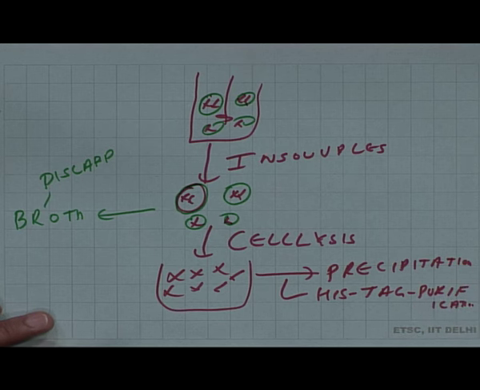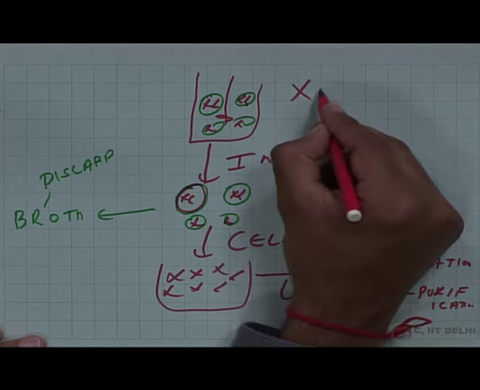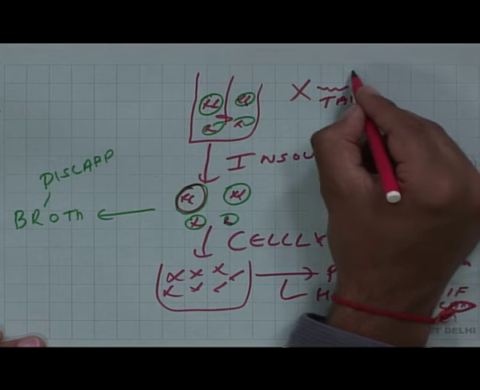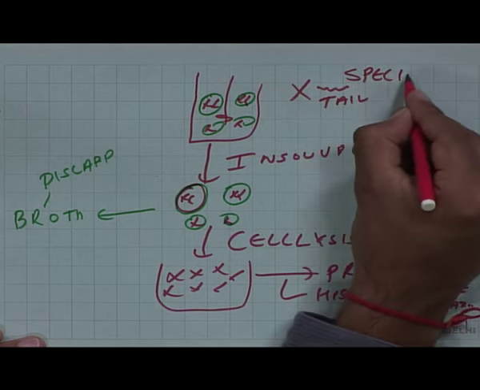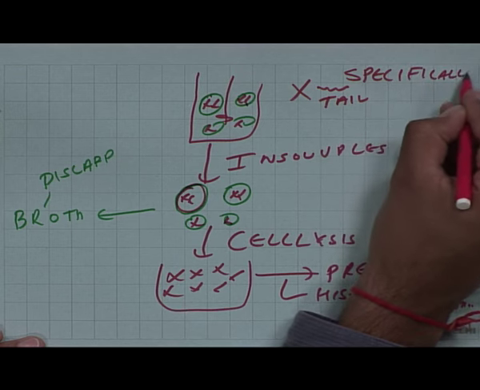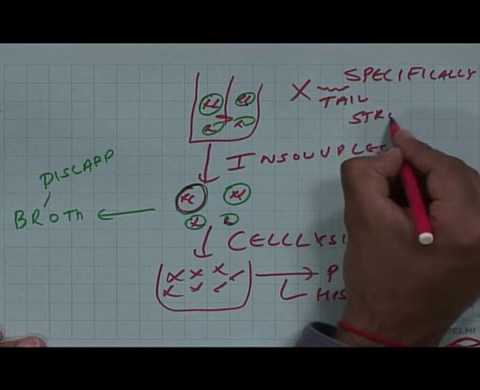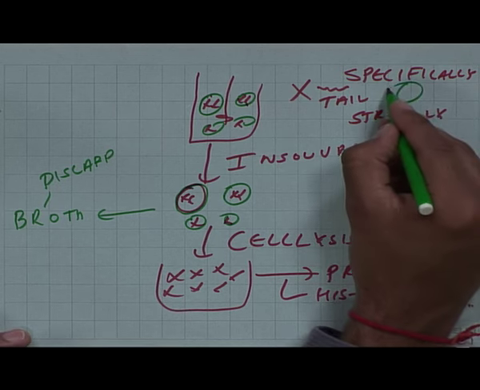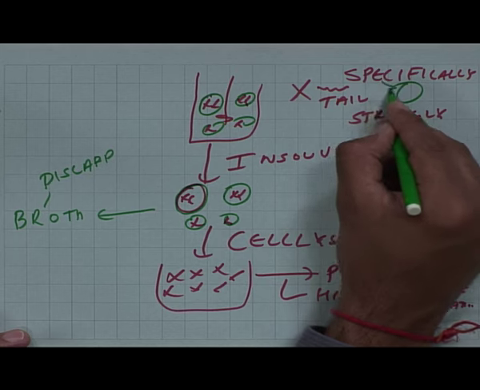I will not go into the detail of what is His tag, but it is called affinity chromatography, where your protein X has a tail and it binds specifically and strongly to a bead. So, it is kind of a lock and key arrangement.